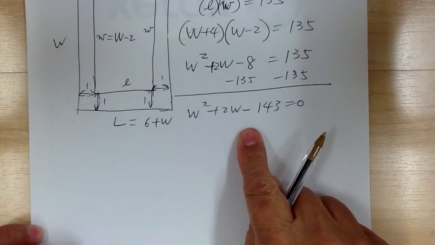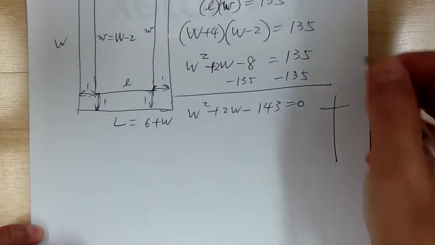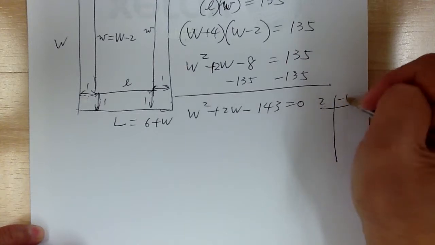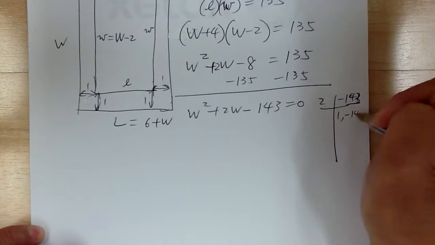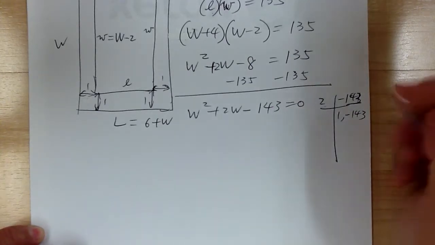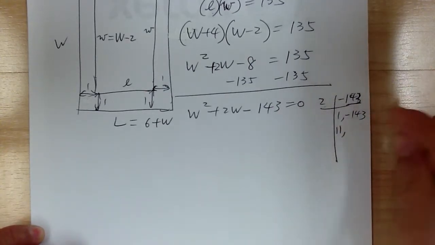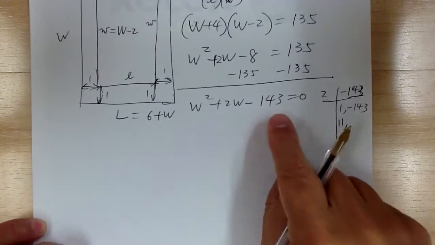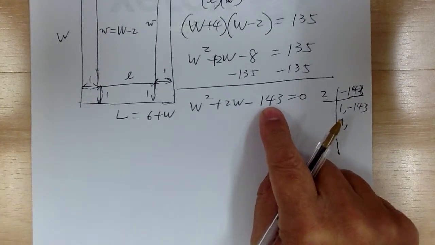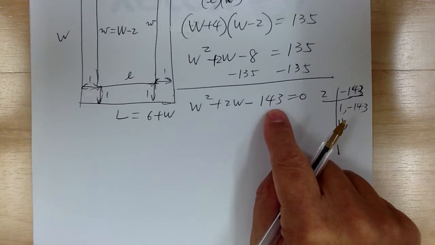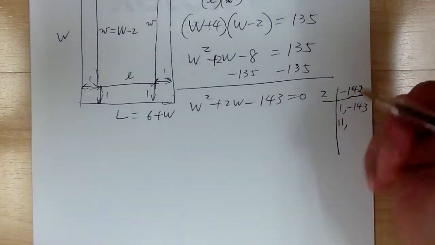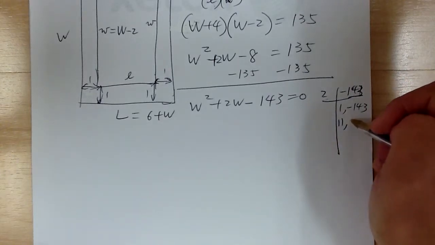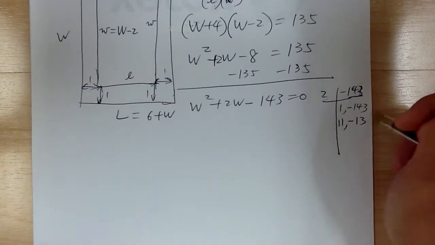Okay, and from here, you can do the factoring. So you get 2, negative 143. So 1 comma negative 143. Now next one is going to be 11. Okay, and the reason is you've got to remember what is divisible by what. So this is divisible by 11. Okay, you kind of go back to, I think it's chapter 1. So this will give you negative 13.